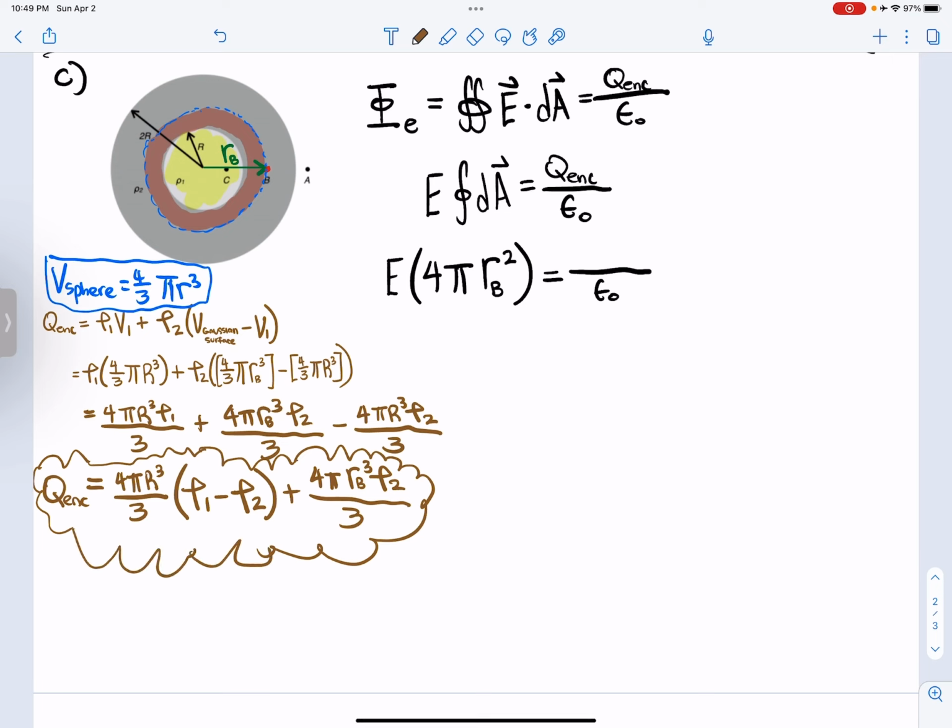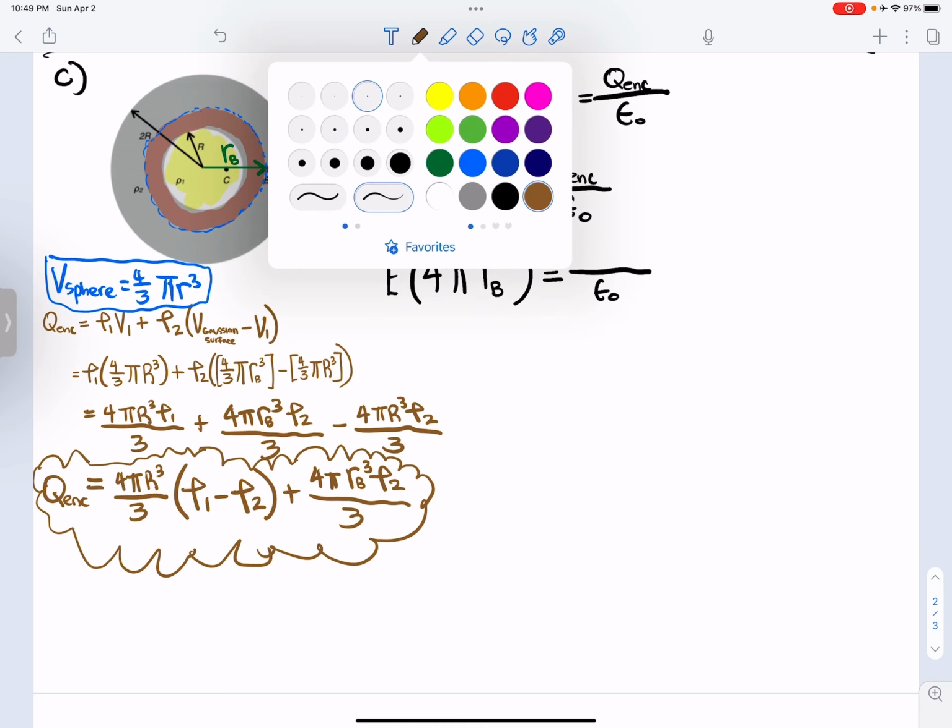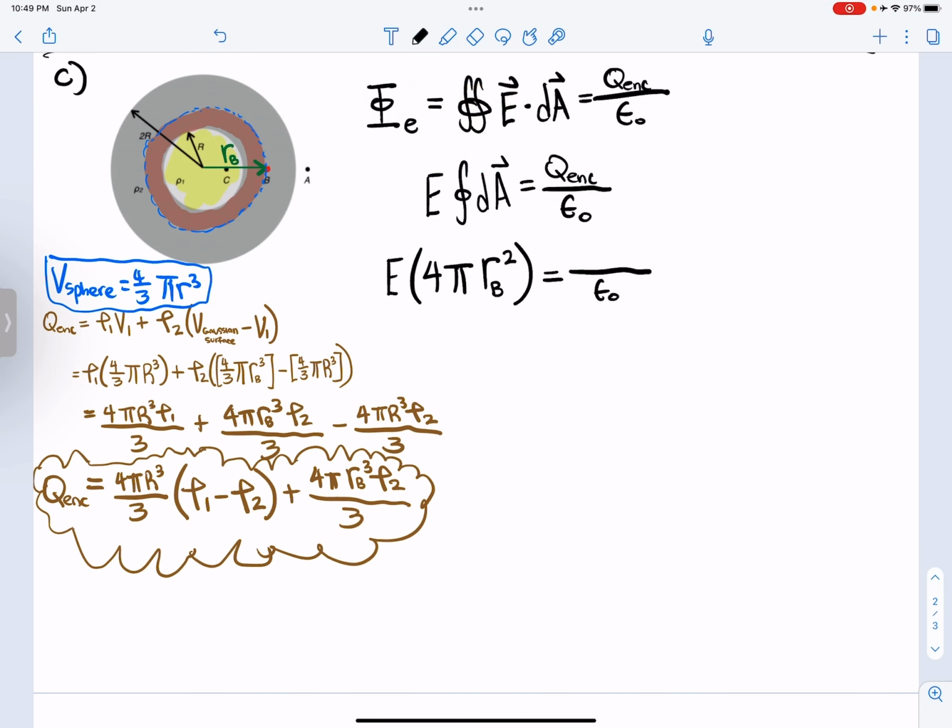Okay, so I'll just plug that cloud in for Q enclosed here. So that's 4 pi r cubed times rho 1 minus rho 2 plus 4 pi rb cubed rho 2, divided by 3 epsilon naught.